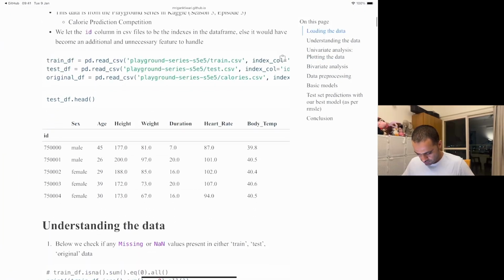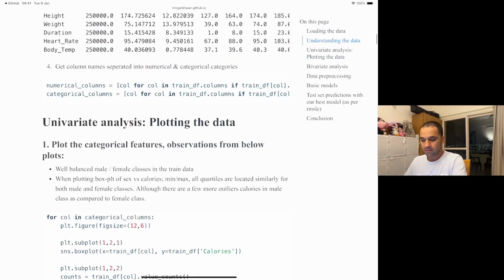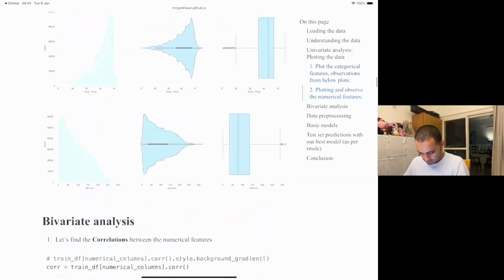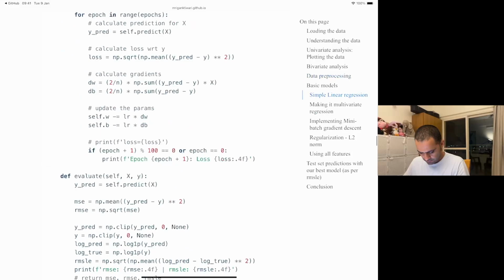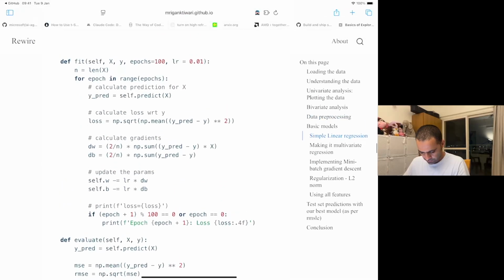In the simple linear regression formula here, this point where we are calculating gradients is nothing but the same thing that we just derived: 2 over n, np.sum of the error, which is y predicted minus y, times x.